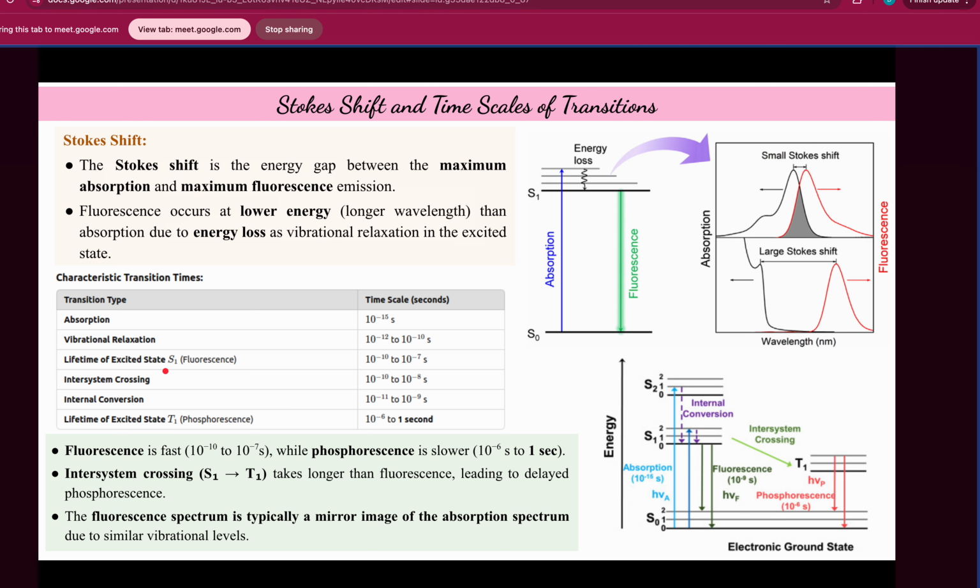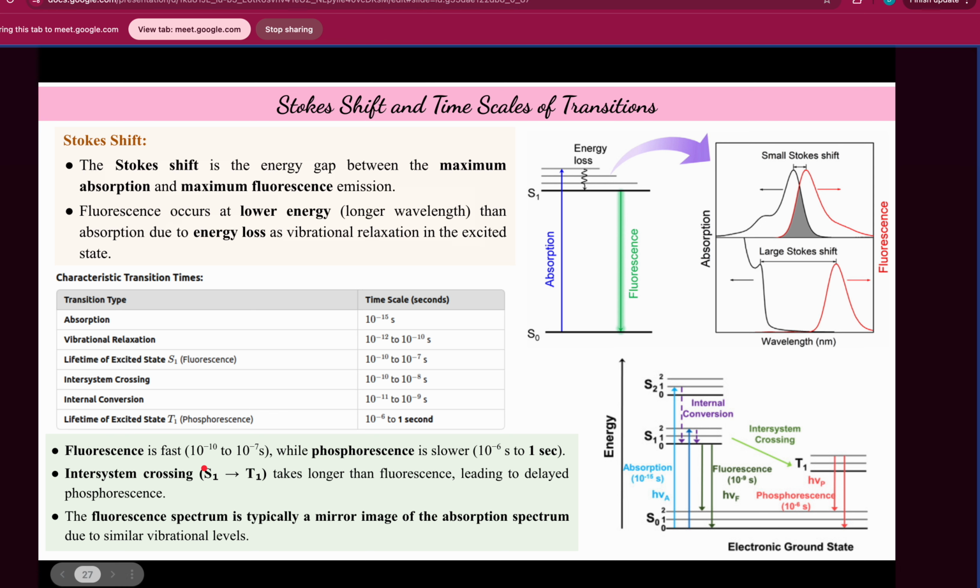If a molecule remains for only a small amount of time in a particular state, then we need a sensitive device which can capture that, because if the time scale is very low, sensitive devices are required. So these are the transition times for different types of transitions.